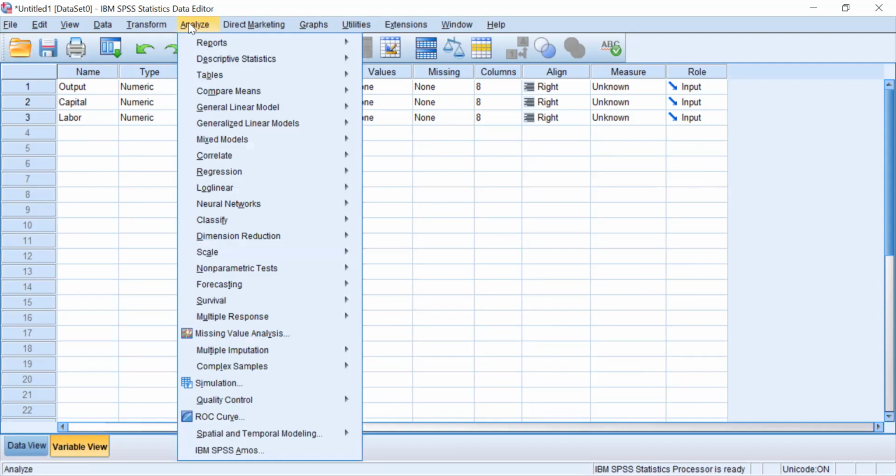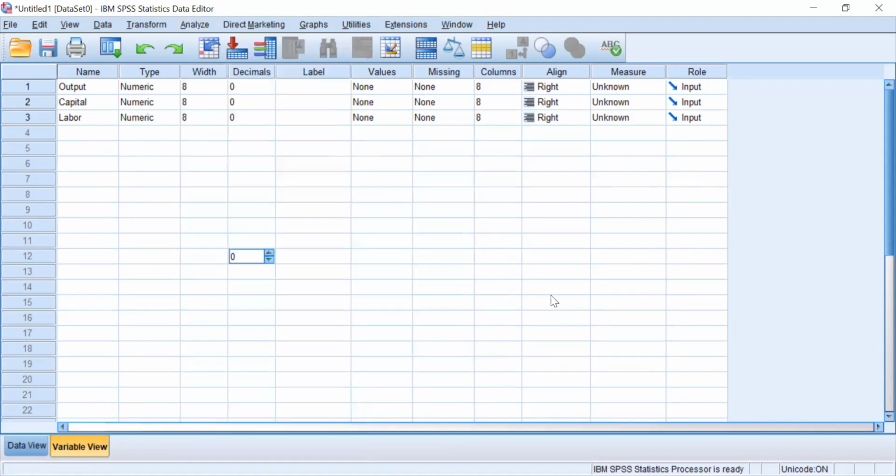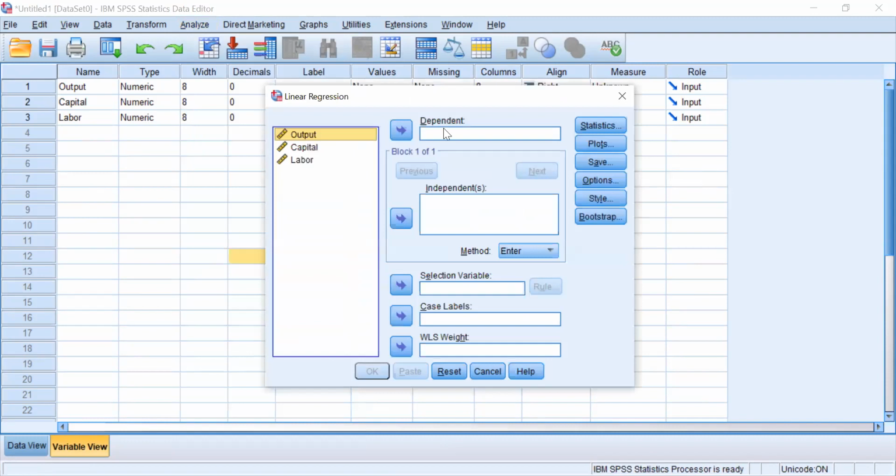Choose analysis, and you have regression here, linear regression. Choose the dependent variable. We have output as the dependent variable because we have two independent variables, capital and labor.